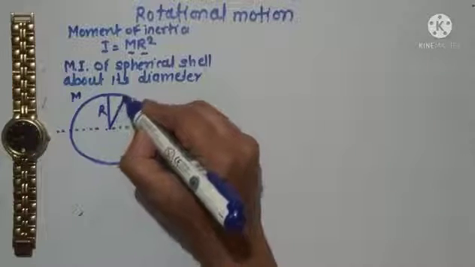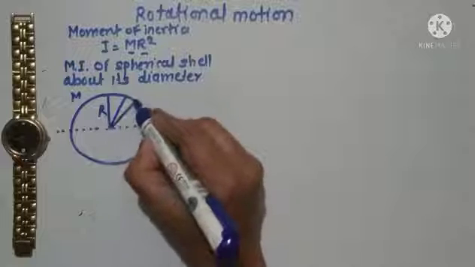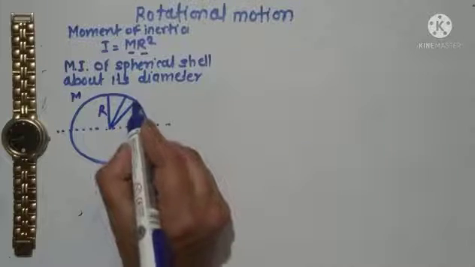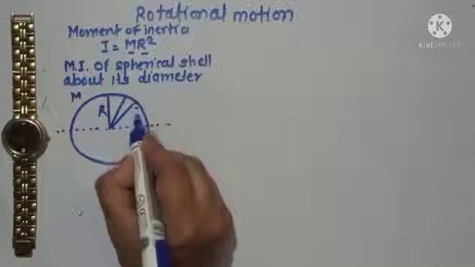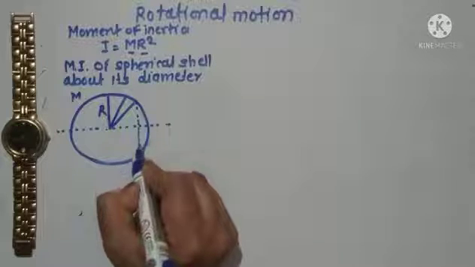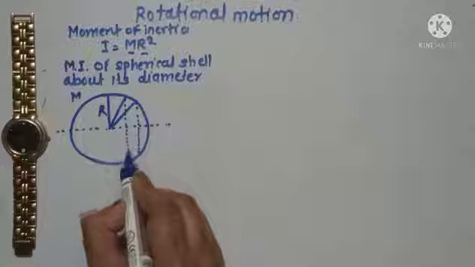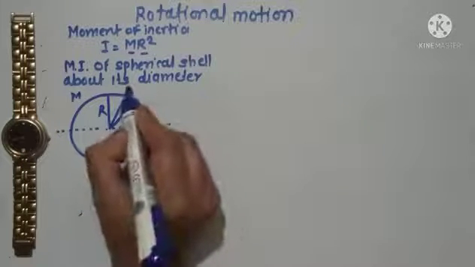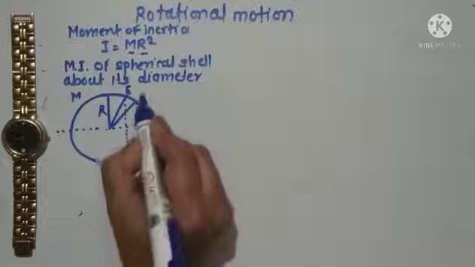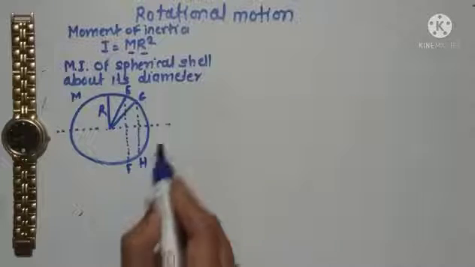Then I am dividing this spherical shell into thin slices which are bounded by the two surfaces. Let's call them EF and GH.